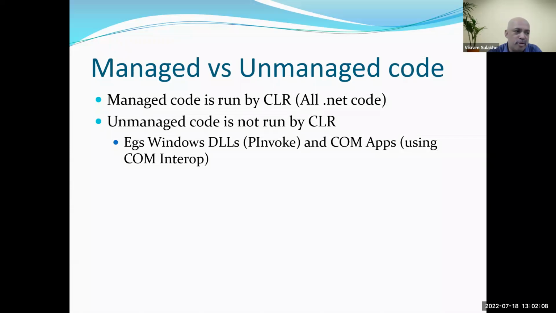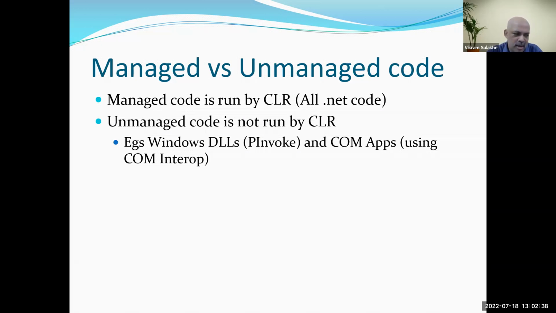But when you call code from these types of applications, this code is not run by the CLR. They will have their own runtime. This will not be the CLR runtime. It will be totally different. And all such code is called unmanaged code. Unmanaged meaning the CLR has nothing to do with this run. So you can call such code from .NET, but the CLR will not run such code.